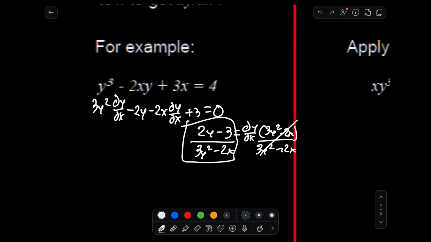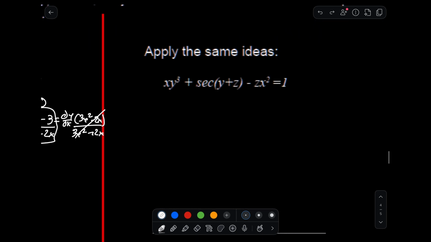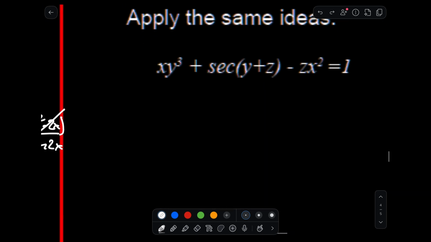We take the derivative of that, but then we have the dy dx, or del z del x, attached to it. So let's apply this new rule right here. So we're going to do del z del x.